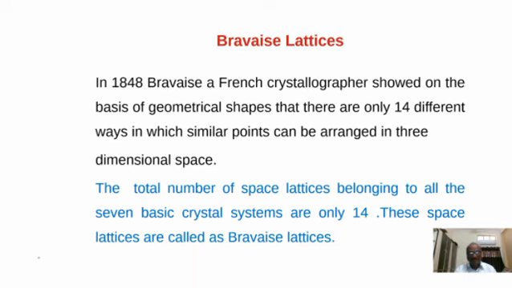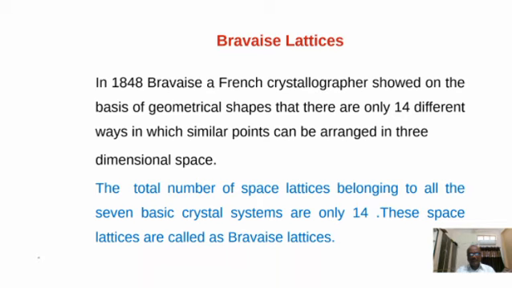What are Bravais lattices? In 1848, the French crystallographer Bravais showed that there are only 14 different ways in which similar points can be arranged in three-dimensional fashion. When we arrange similar points in three-dimensional space, we can arrange them in only 14 different ways.